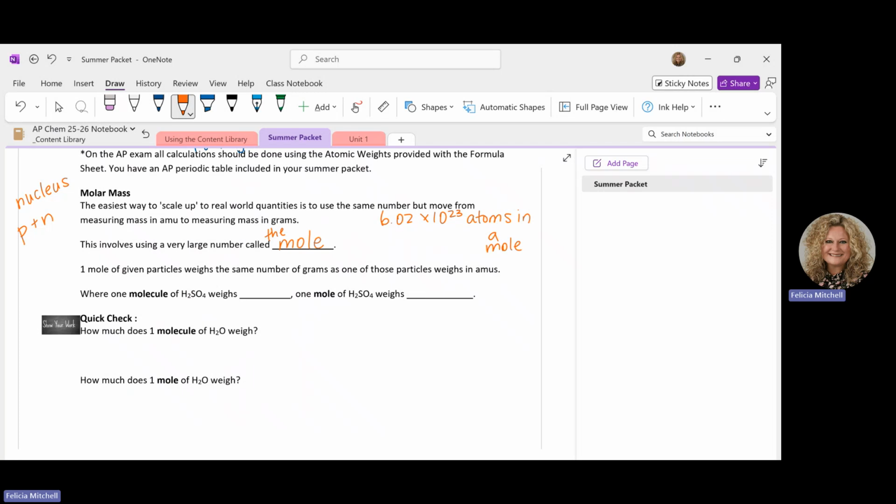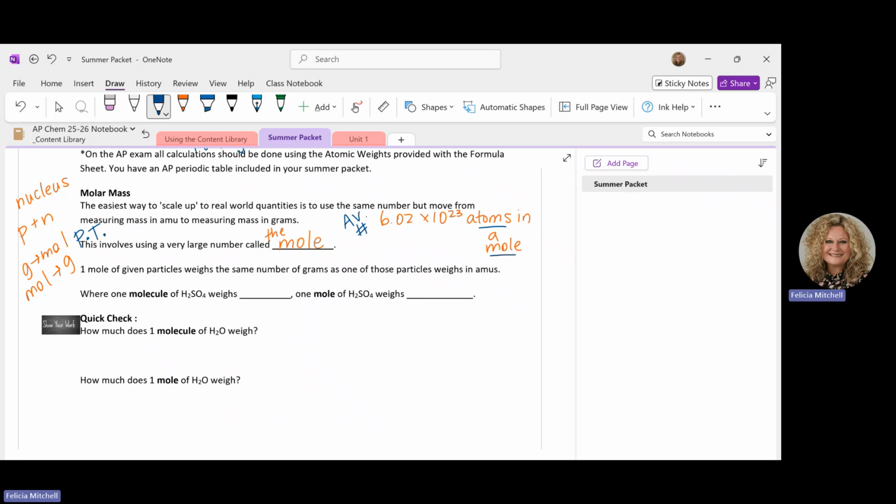So when you do grams to mole conversions or mole to gram conversions, you would simply use the molar mass from the periodic table. But when you do atoms and moles or molecules and moles, anything other than grams, that is when you use Avogadro's number.